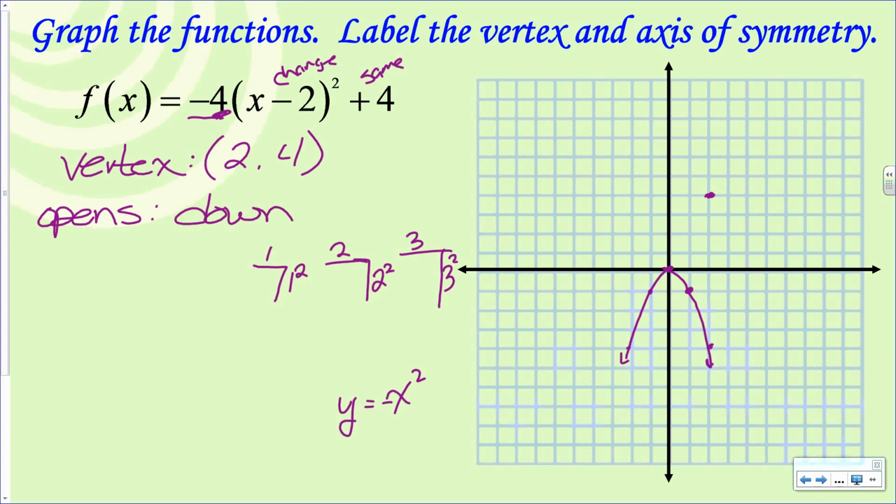And if you would remember 1, 4, 9. So I'm going to go over 1 and down, not 1, down how far? 4. And over 2 and not down 4, 4 times 4. There you go, down 16, which I don't think I can go down 16 on this graph, okay?